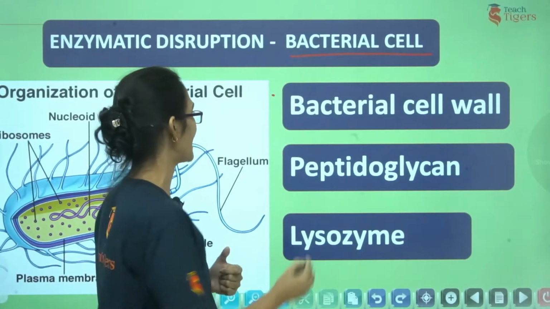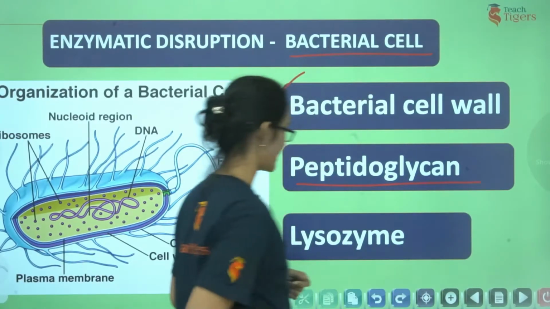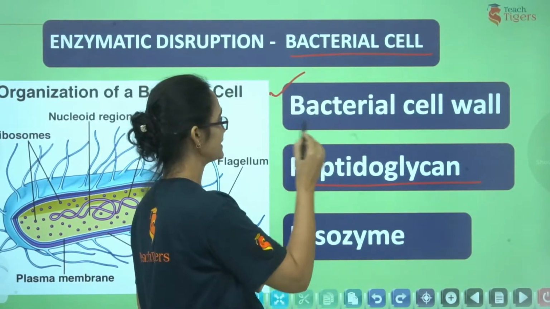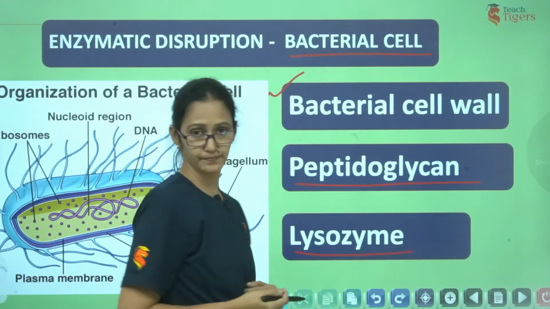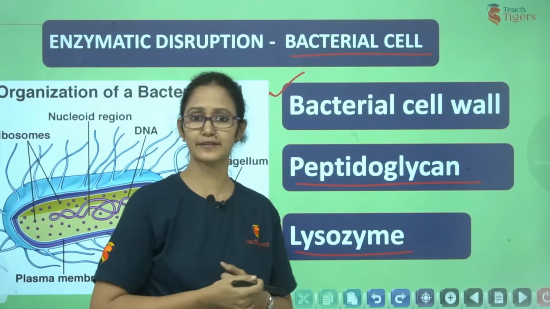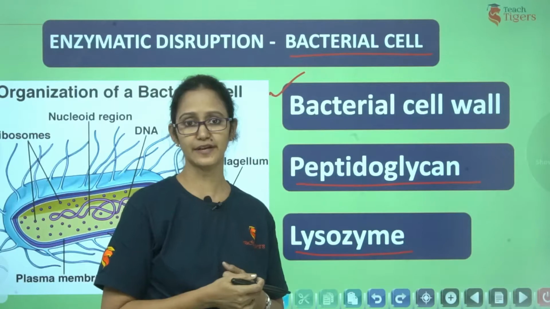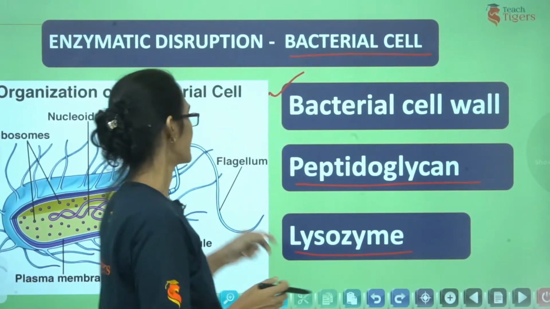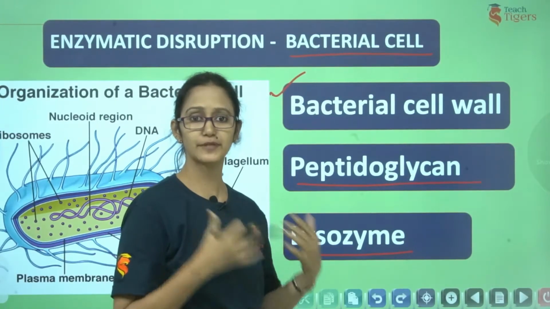As we all know, the bacterial cell wall is made up of peptidoglycan, right? And the enzyme that we need to use to break this peptidoglycan is lysozyme. You know what lysozyme is, right? Lysozyme is an antibacterial enzyme that we find in tears, saliva, etc. Now, a bacterial cell has a cell wall made up of peptidoglycan.